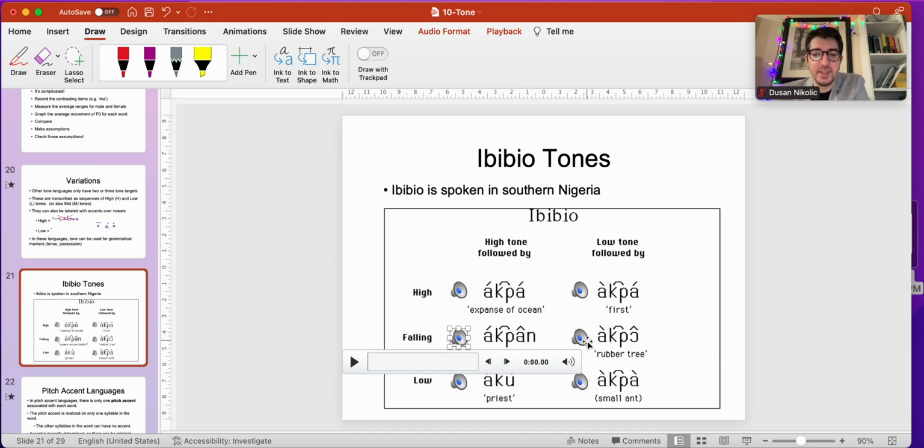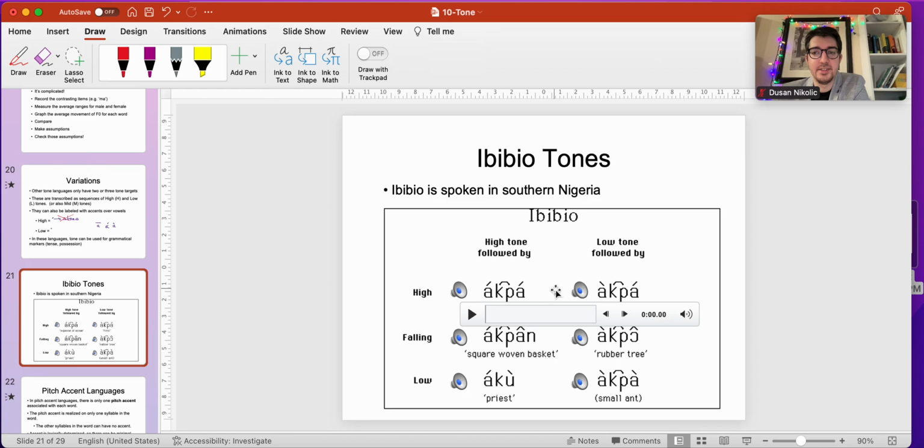From high to low. All right, these are also lexical, so these were not grammatical. Maybe I'll show you grammatical tones in the next lecture, but these ones just denote difference in meaning of words.